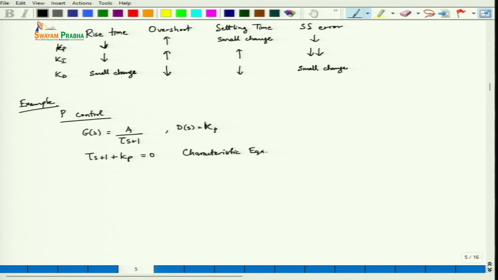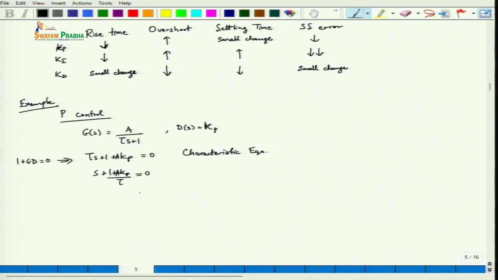This equation is the equation for stability, which is basically 1 plus GD is equal to 0. So from this we get tau S plus 1 plus A Kp is equal to 0. The root of this equation represents the pole of the closed loop system. So if we divide by tau, we get S plus (1 plus A Kp) by tau is equal to 0. Sorry, this is A times Kp.